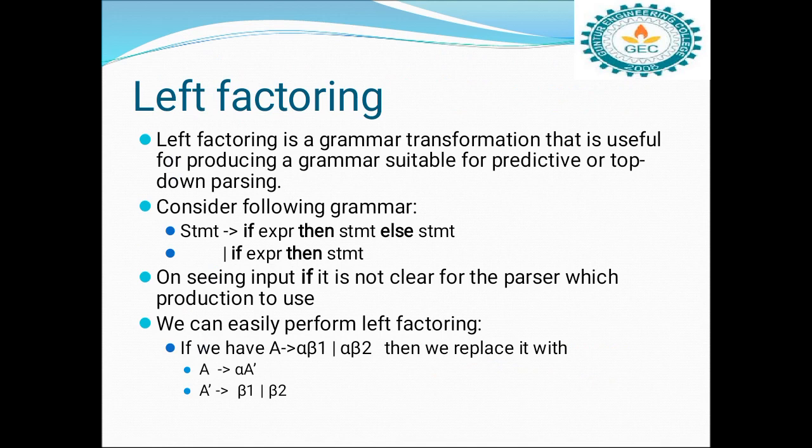We can eliminate that using the productions below: A tends to alpha A dash, and A dash tends to beta 1 or beta 2. So in this format it is left factored.